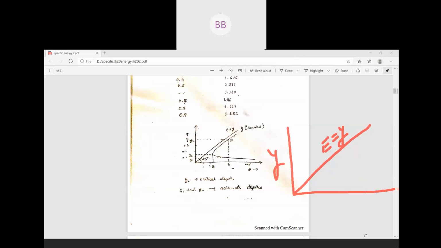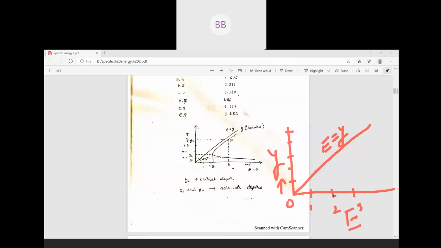This is your depth of flow and this is your energy. So this is our 0 point. Increase of depth of flow means from here it will go in this direction, 0.1, 0.2, 0.3, 0.4, 0.5, and so on. And the specific energy is also 1, 2, 3, and so on.